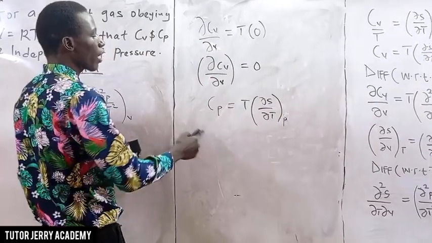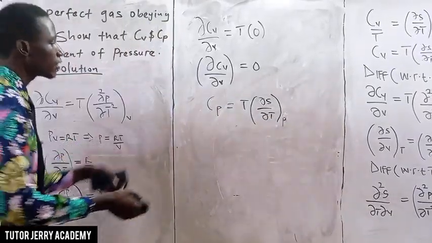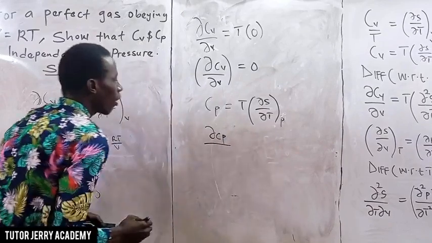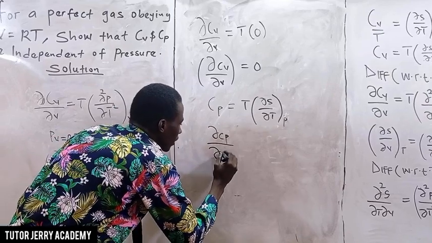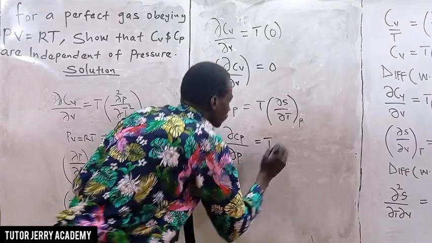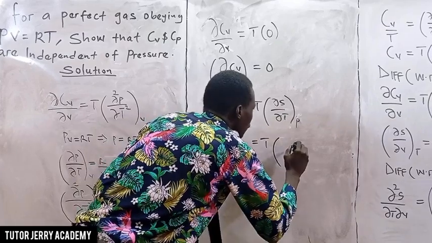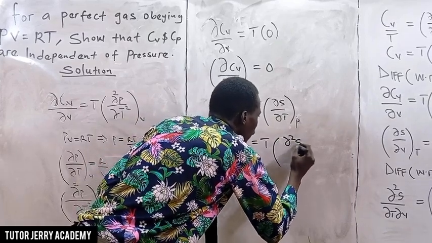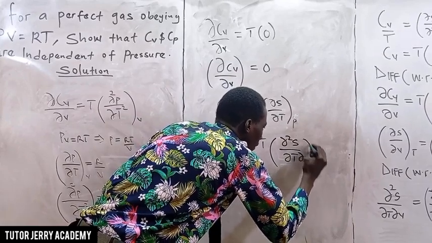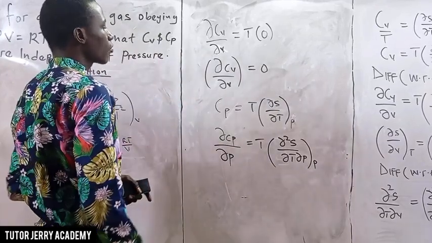If we differentiate this, we have the partial derivative of Cp all over the partial derivative of P to be equal to T into the partial derivative squared of S all over the partial derivative of T multiplied by the partial derivative of P, keeping P constant.